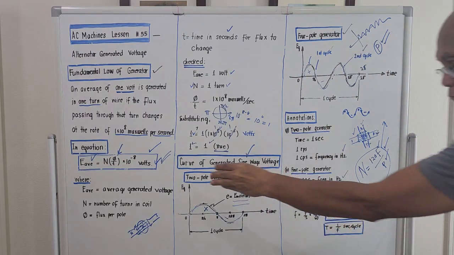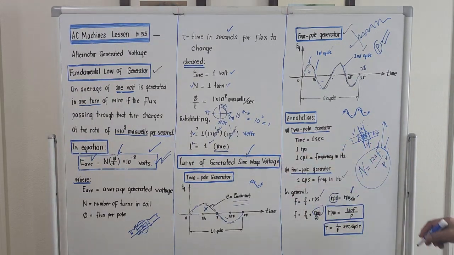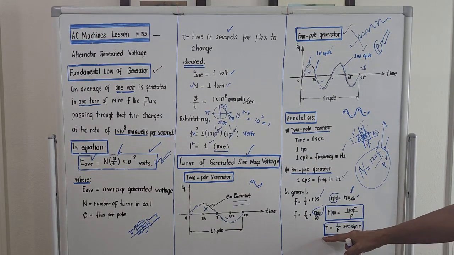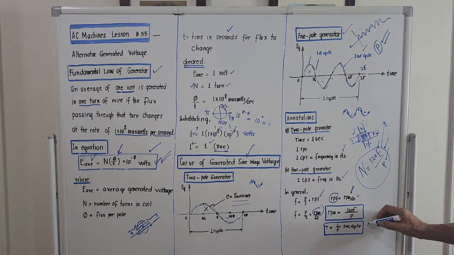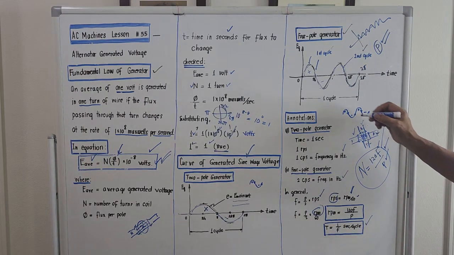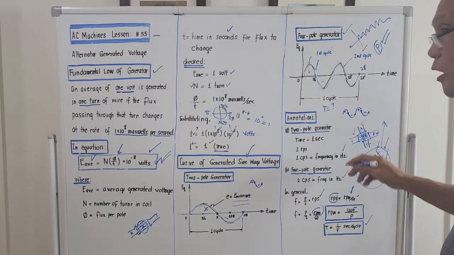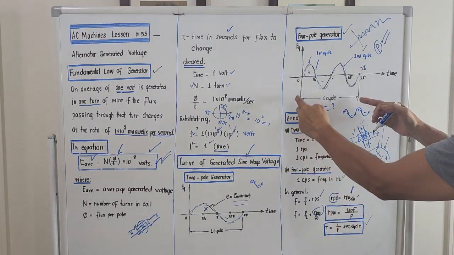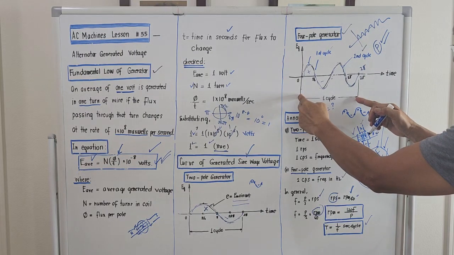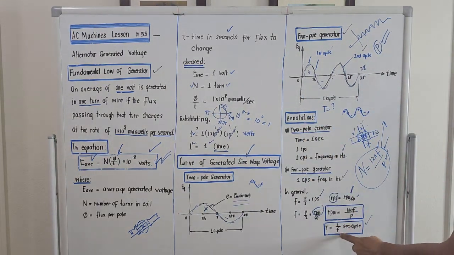This is the first one. This is the second one. The third one will be this one. Total time will be 1 over frequency, and this will be seconds per cycle. This capital letter T here is the total time per cycle. Right? How many seconds per cycle? And to compute for capital letter T, just take the reciprocal of the frequency.